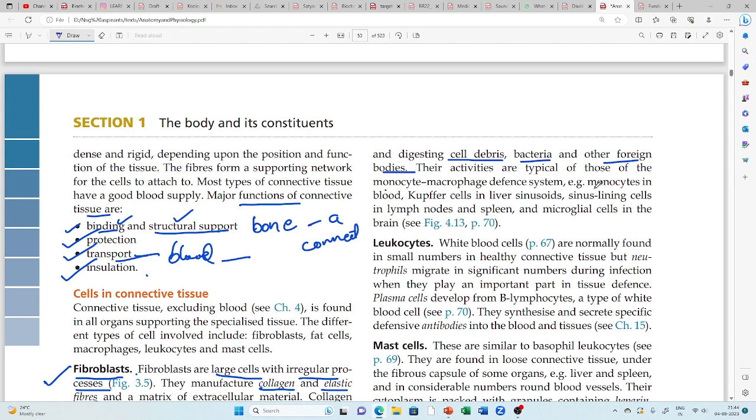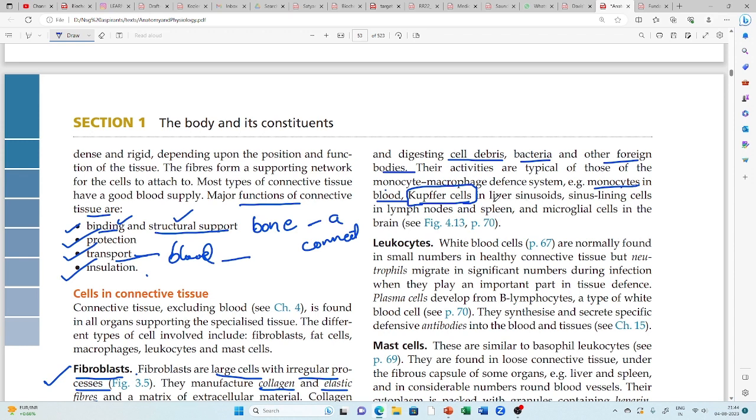Note this point: monocyte in blood. When we study blood in detail, I will explain what is meant by monocyte. The monocyte is a type of cell found in blood. Also Kupffer cells; for Kupffer, you can expect a one word question.